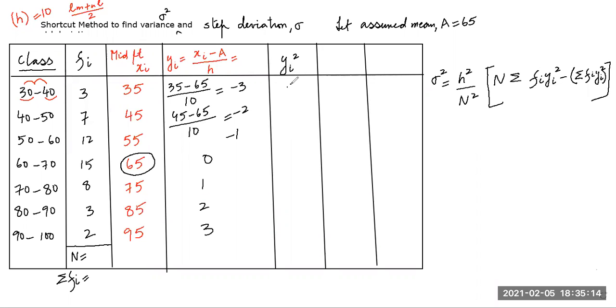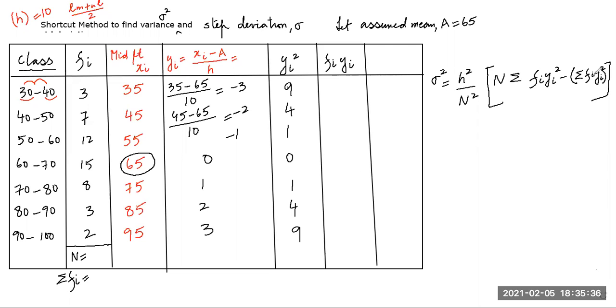Minus 3 square is 9, minus 2 square is 4, 1, 0, 1, 4, 9, right? So we have done this. Now what we want to do is find out fi yi.